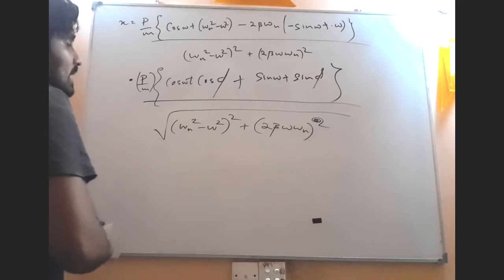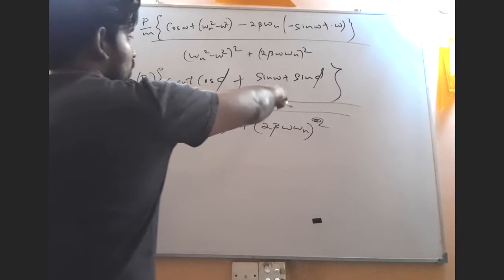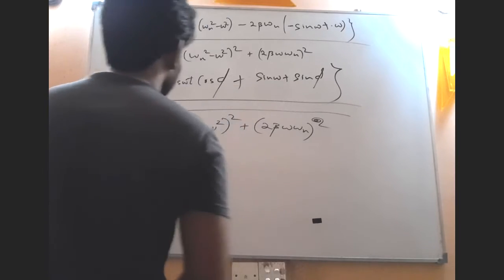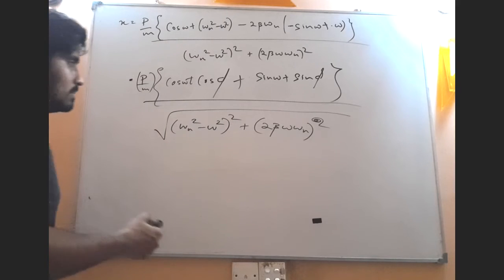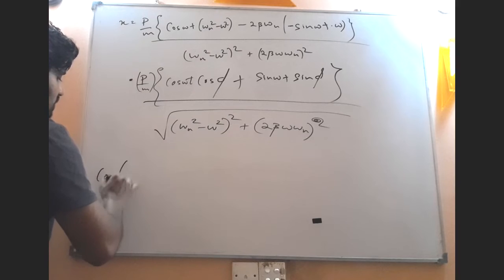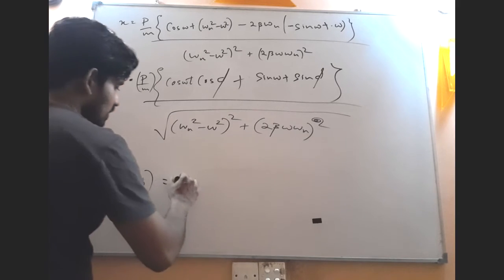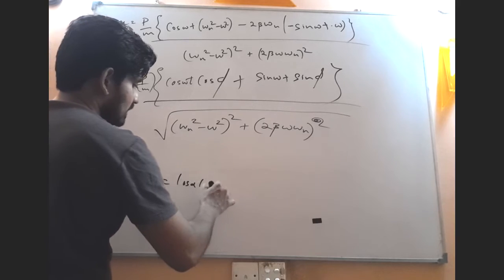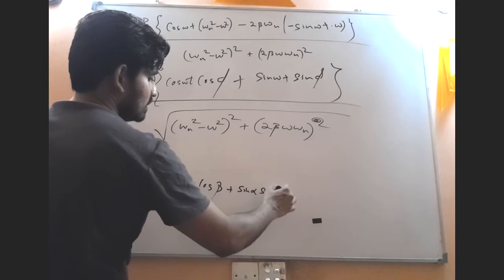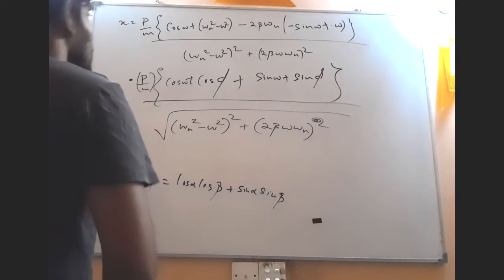So now what can you say? Cos omega t cos phi plus sin omega t sin phi. This part you can replace by, I hope you can remember the formula, cos alpha minus beta. You remember that? What is that? Cos alpha cos beta plus sin alpha sin beta. The same formula you can use here, right?